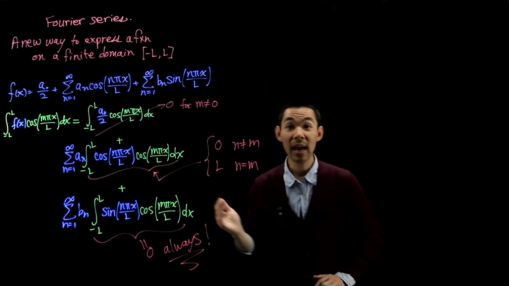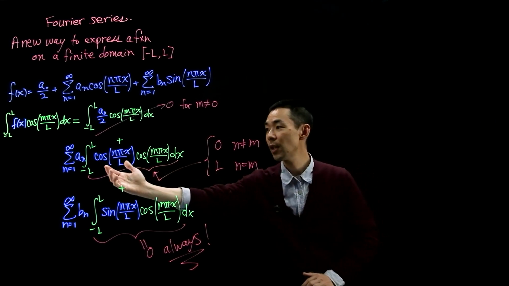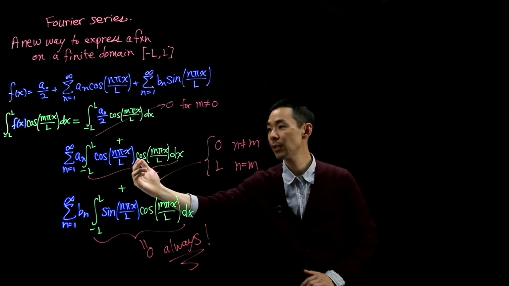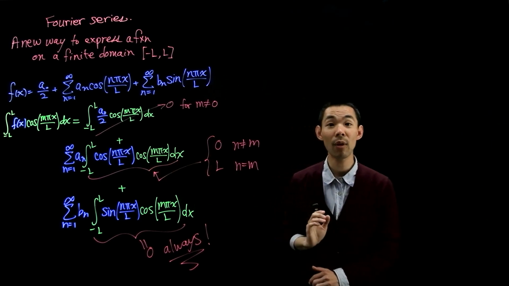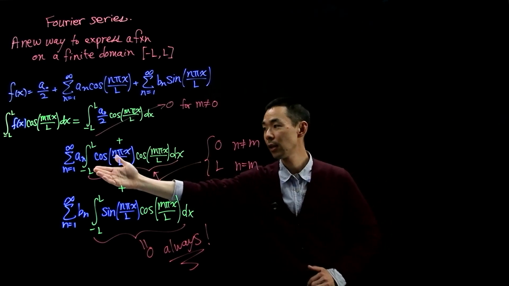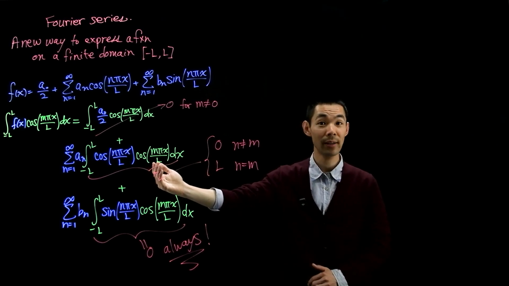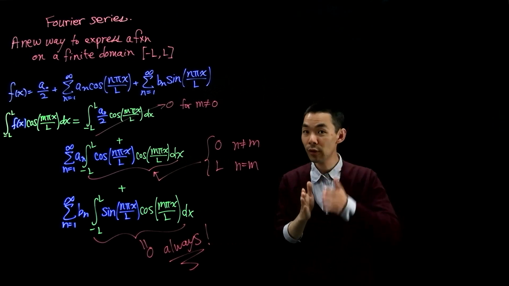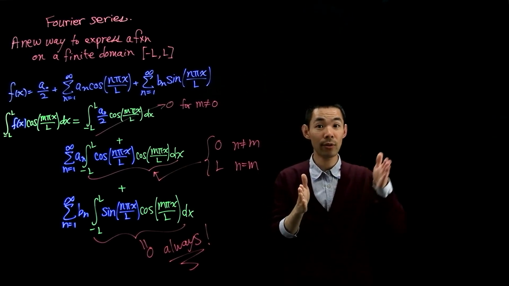This index n is going to cycle through 1: cosine 1 pi x over L times cosine 10 pi x over L. That's 0. You do it again, cosine of 2 pi x over L times cosine of 10 pi x over L, also 0. You keep doing that because the index n takes on all integers.